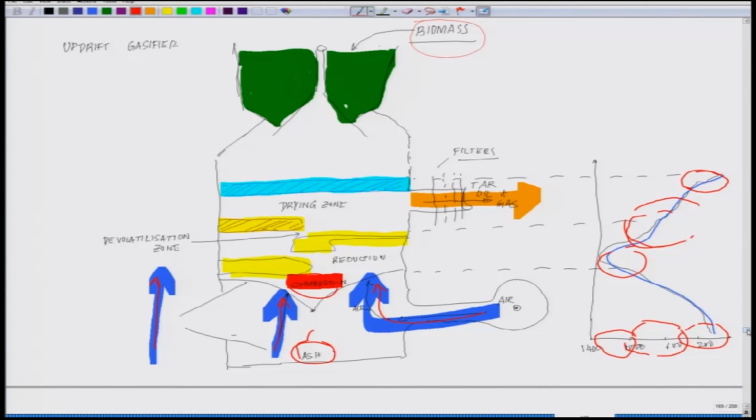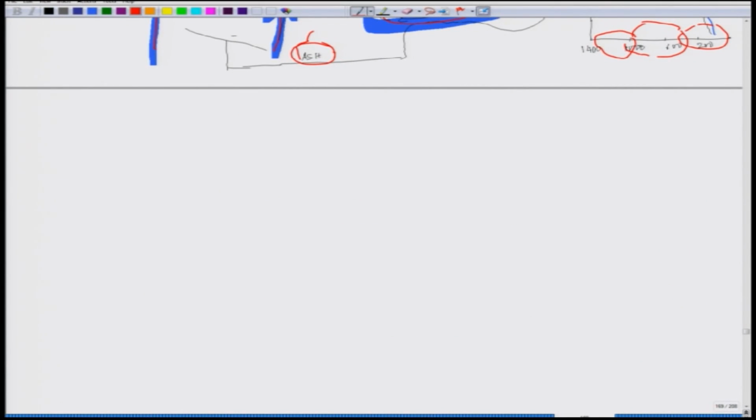Now, let us pull our attention to some of the salient features of it. In the updraft gasifier, some salient points you people need to remember. Salient points regarding updraft gasifiers.